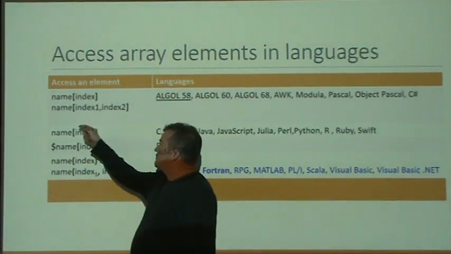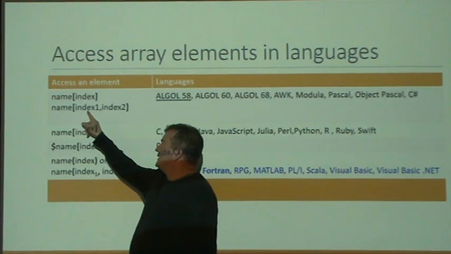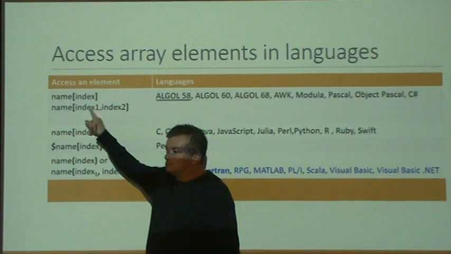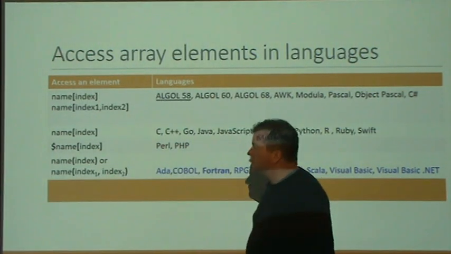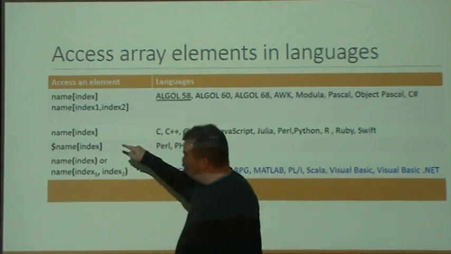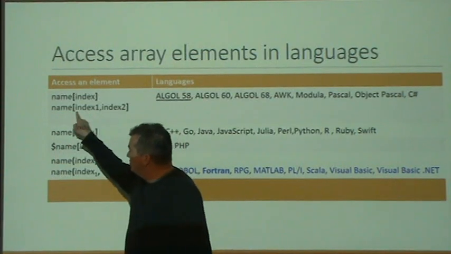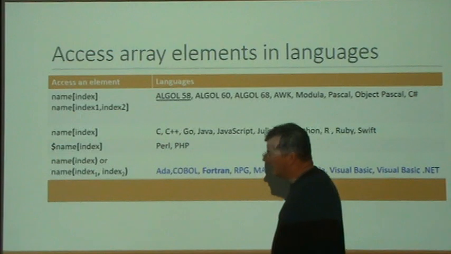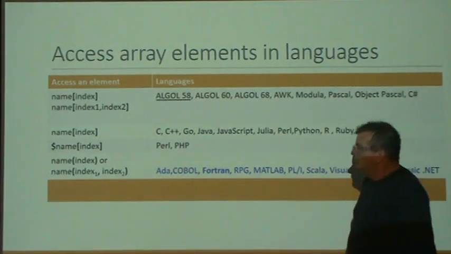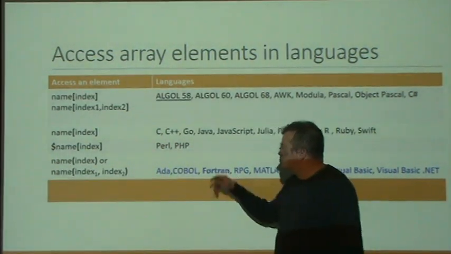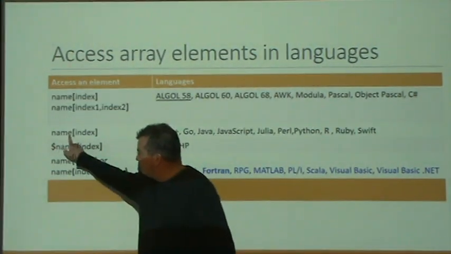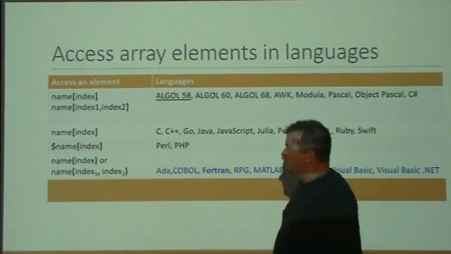If it's a multi-dimensional one, then it would be index 1, comma, index 2. So if you had rows and columns, you would just state the numbers, and then the calculation could be done for how far into the linear storage you would go to access that field. C, C++, Go, Java, JavaScript, they all use this format: name of the array, distance into the array.